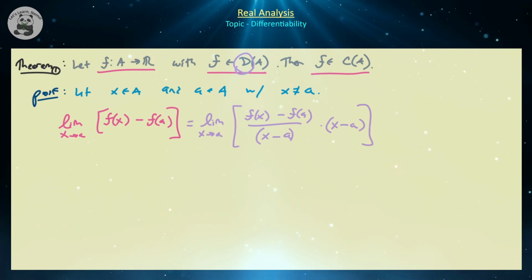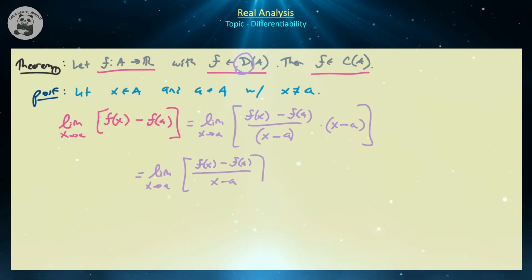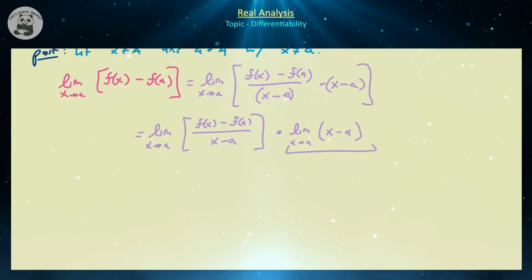From here I'm going to use the properties of limits, in particular the limit as x approaches a of f of x minus f of a all over x minus a, and then I'm going to multiply by the limit of that second function, so the limit as x approaches a of x minus a. Keep in mind x minus a is just a function, so as x approaches a, the limit of that function is equal to the function evaluated at that limit because all polynomials are continuous, and this character right here is just the derivative of f at a.